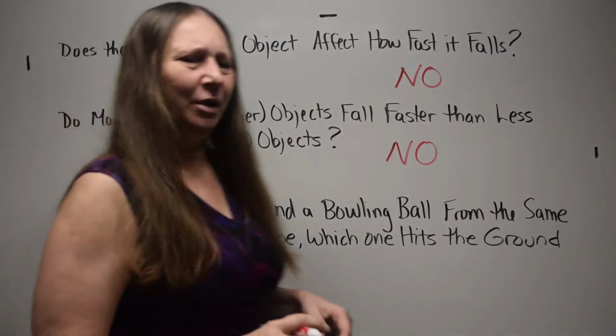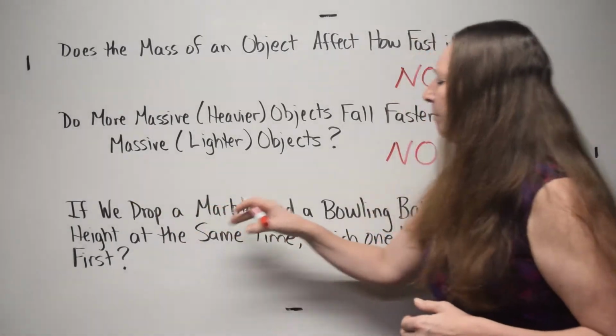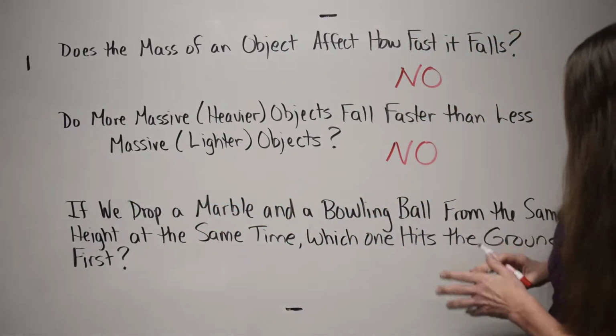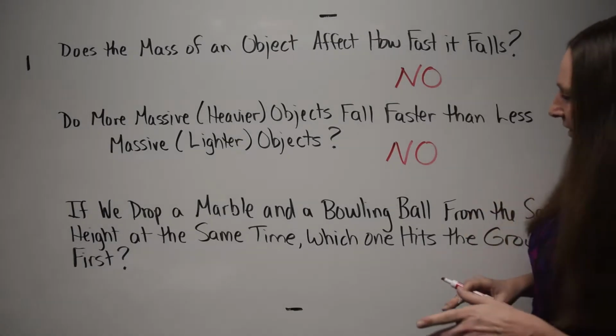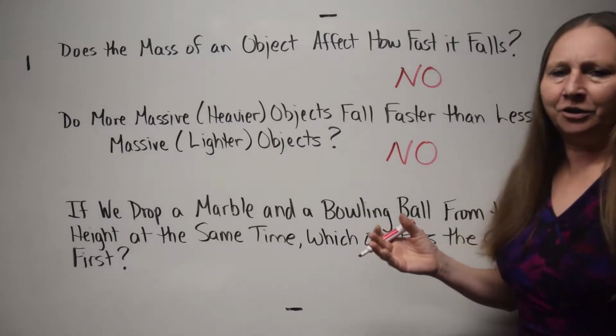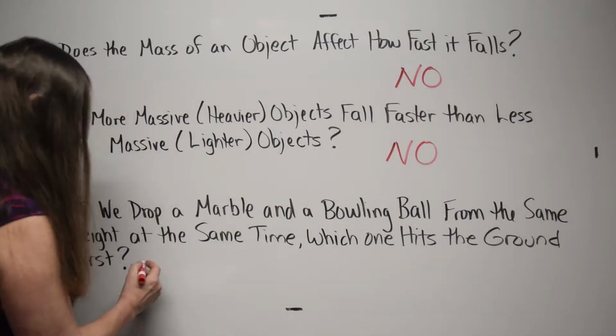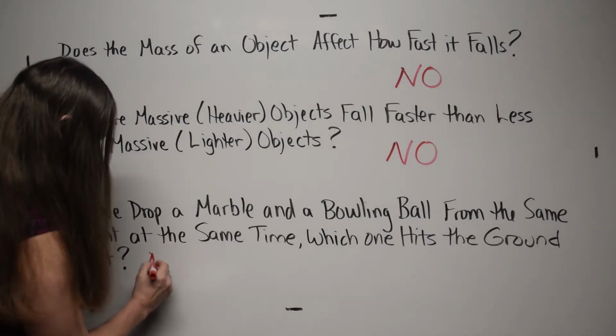But wait, hold it. Let me ask this a different way. If we drop a marble and a bowling ball from the same height at the same time, which one hits the ground first? And the answer is neither.